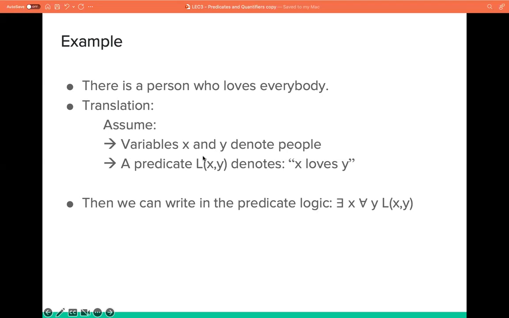We can have a predicate L of xy that denotes x loves y. If we replace that with person and everybody, then person loves everybody. So we can express this statement in predicate logic: there is a person x who loves every person y.